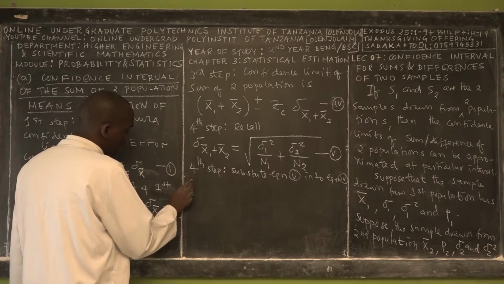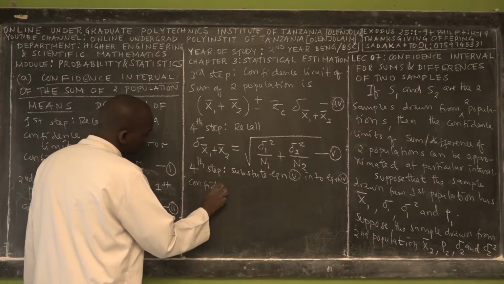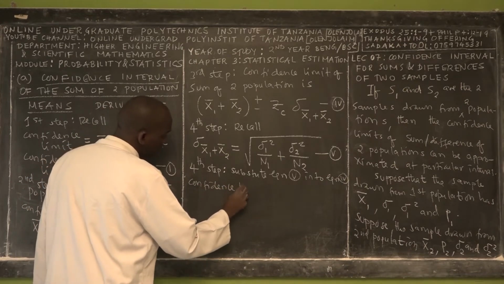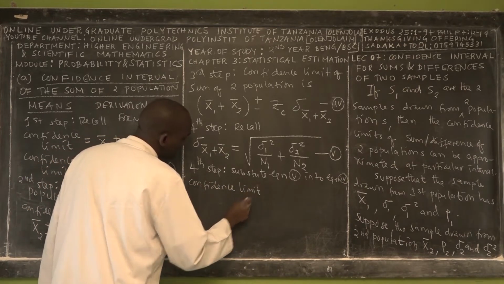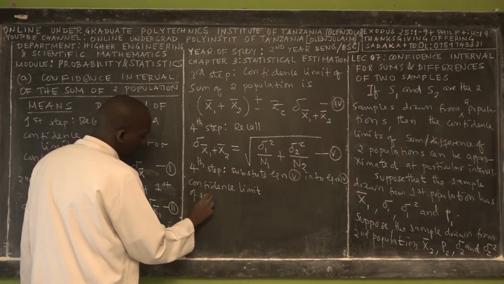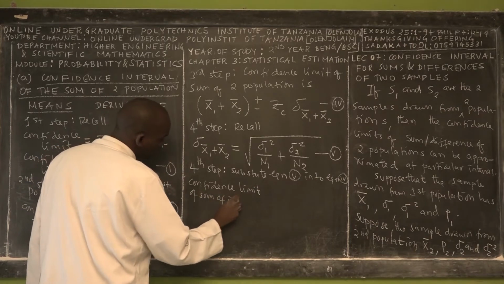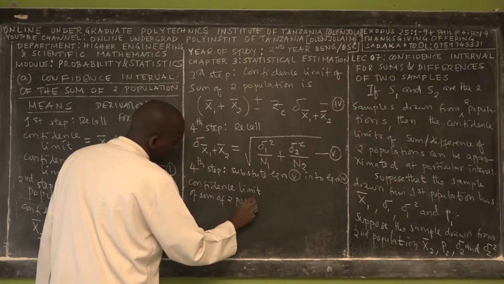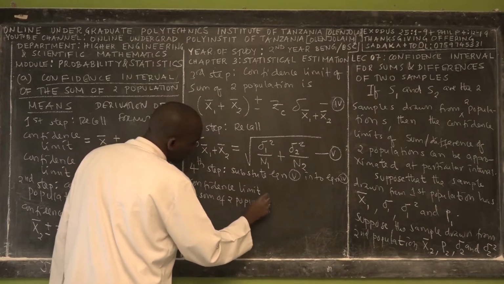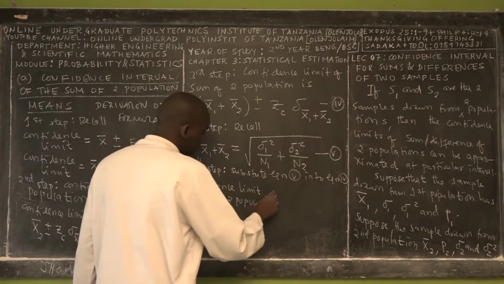So the general formula now of finding the confidence limit of the sum of two populations is equal to what?